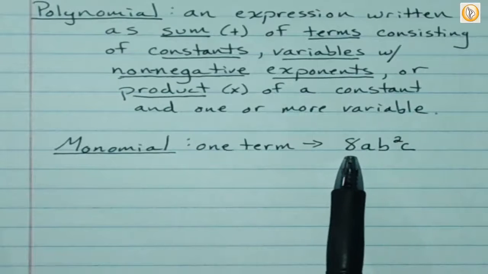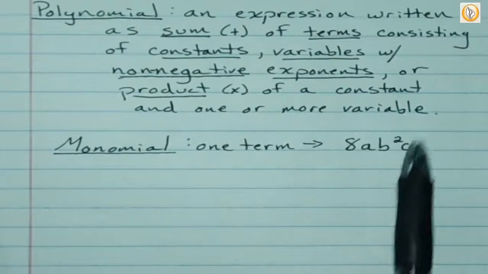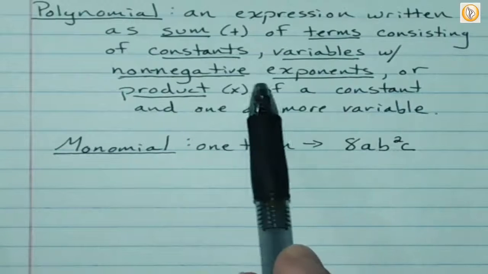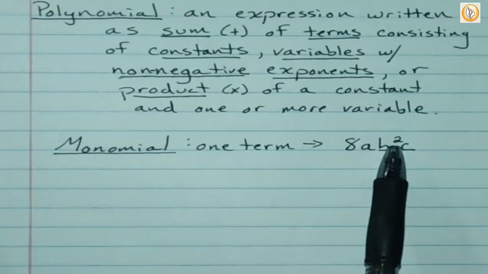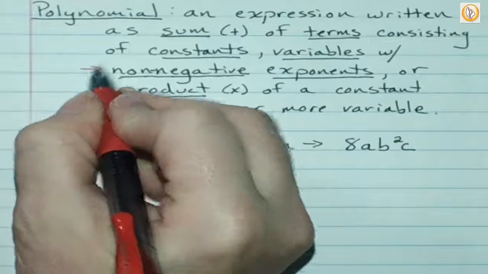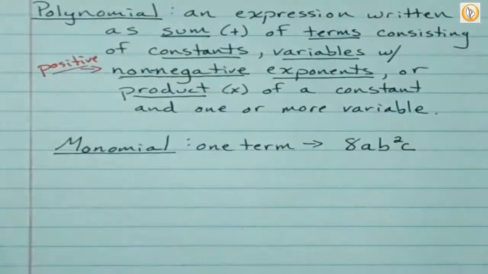Or a product of a constant. Oh, look. There's an 8. That's a constant. And one or more variable. Look at the one or more variable. I have an a, b, and c. And we have a non-negative exponent. Positive. In fact, if you want to write positive right here, be my guest.